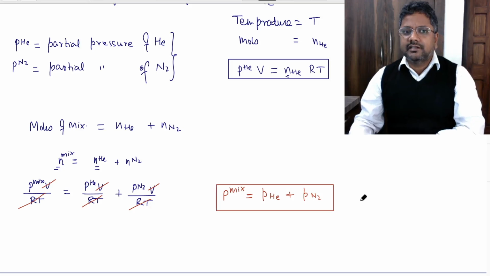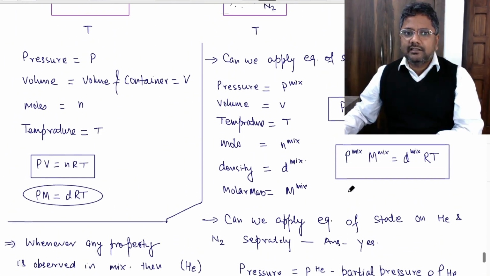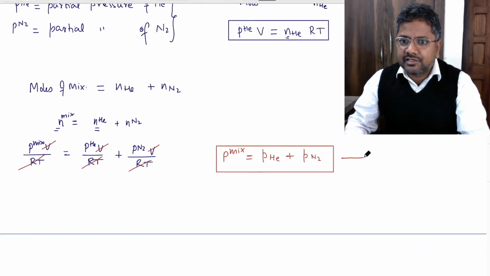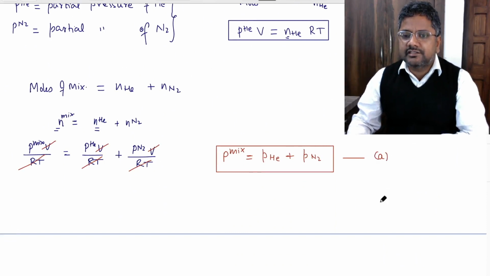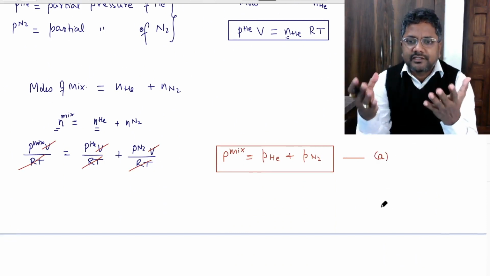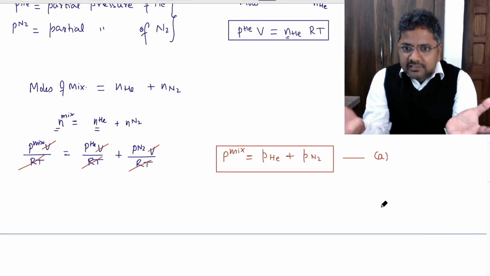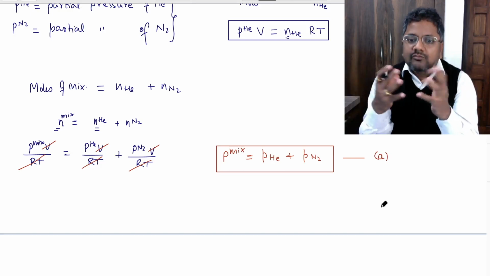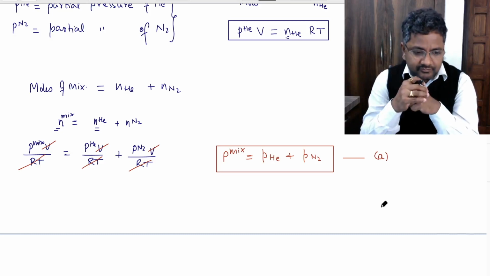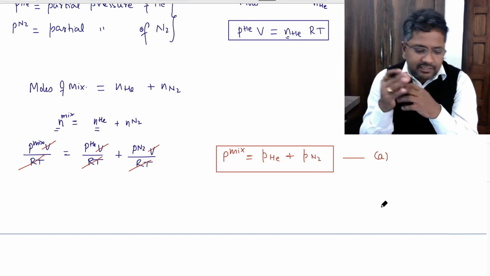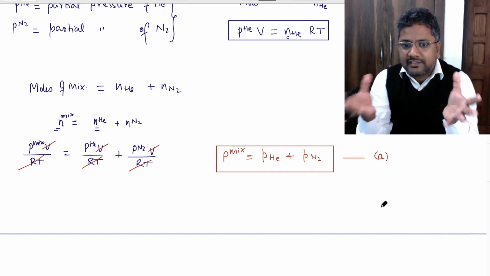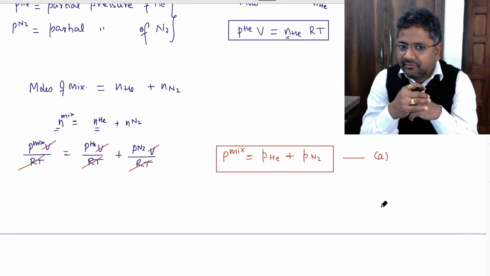You can say that this is a special form of the equation of state, and this is equation A. And dear students, this equation is known as Dalton's law of partial pressure. Basically, what Dalton suggested is that if we take two or more gases in the same container, at the same temperature, the volume is the same for all the gases.